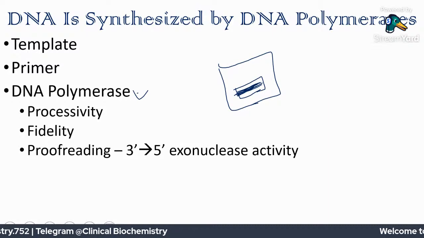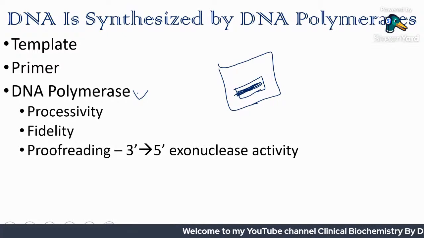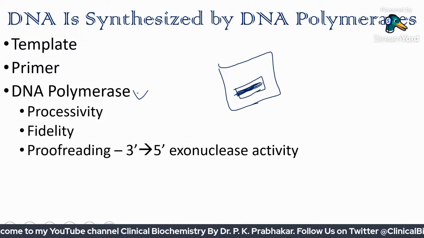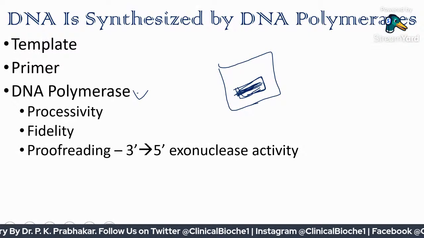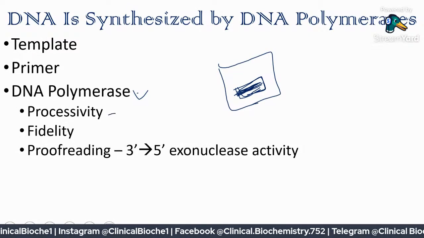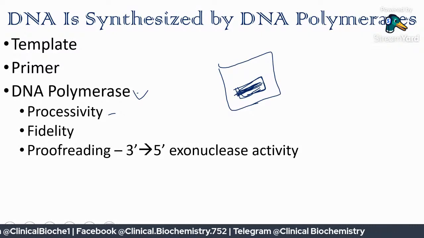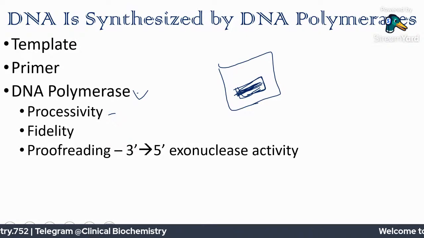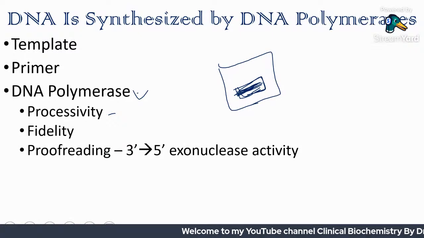After that one polymerase becomes inactive and you need to remove that polymerase and you require a new polymerase. एक पॉलीमरेज कितने न्यूक्लियोटाइड्स को ऐड करेगा, उसके बाद आपको नई पॉलीमरेज की जरूरत पड़ेगी. जैसे आपने एक बैटरी यूज किया, कितने देर ये बैटरी चलेगा, जिसके बाद आपको नई बैटरी की जरूरत पड़ेगी. तो पावर ऑफ बैटरी you can call it. So processivity exactly means the number of nucleotides added by a polymerase, and after that the polymerase needs to be replaced, that is called processivity. कितने देर चल सकता है ये. ठीक है, समझ में आया?